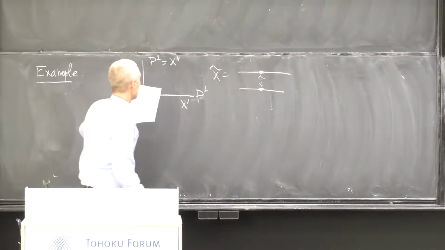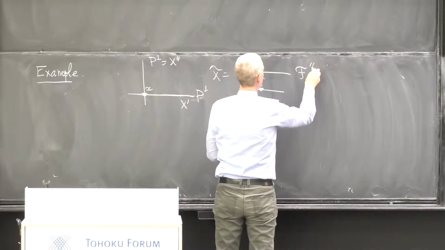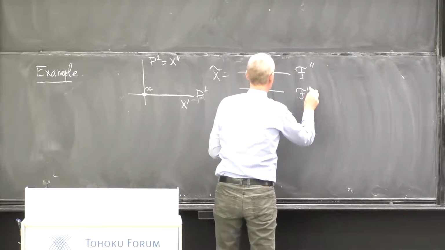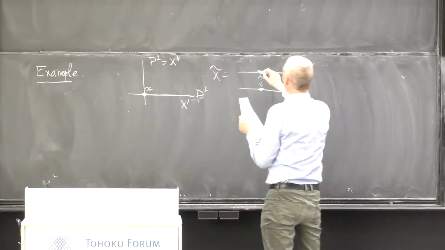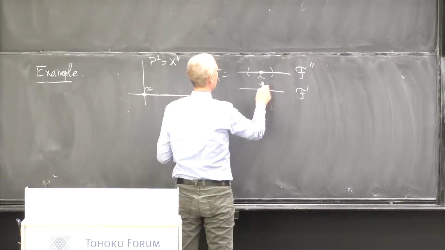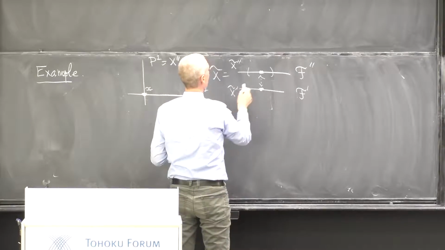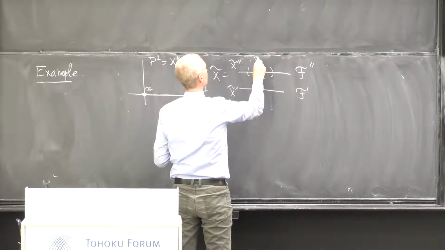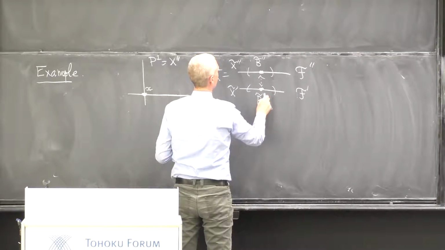So what is the data here? We will have a perverse sheaf F second here and a perverse sheaf F prime here. So let's look at the disk, which would be x tilde second, x tilde prime, a disk called b tilde.